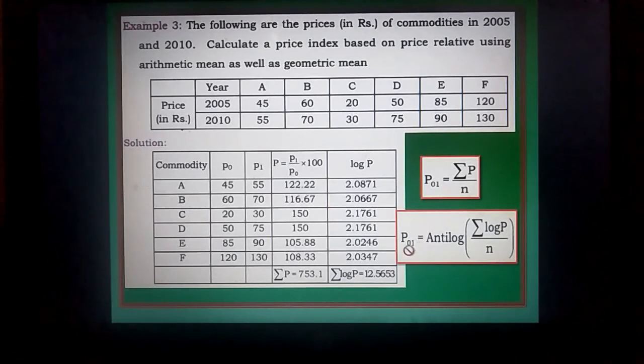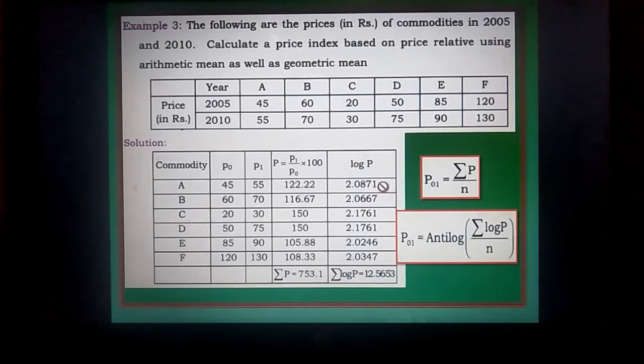And in terms of geometric mean, what do we need to calculate? Here the antilog of a later value will come, which we can calculate. After that, we want sum of log P. Capital P is there with us, and sum of log P is required. That's why we calculate the log P column. Here the P value is 122.22, and log 122.22 will be 2.0871.